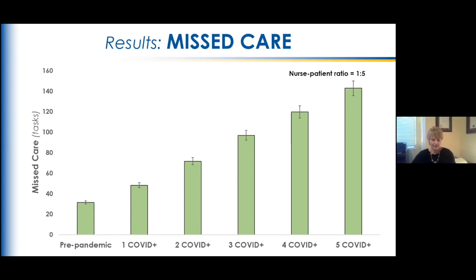And in terms of working time, missed care levels would require up to 9.6 hours beyond the shift for completion. So what that's saying is that in order to catch up, if you like, on care that wasn't provided during that 12-hour shift, we need a lot of extra time for that care to be completed.